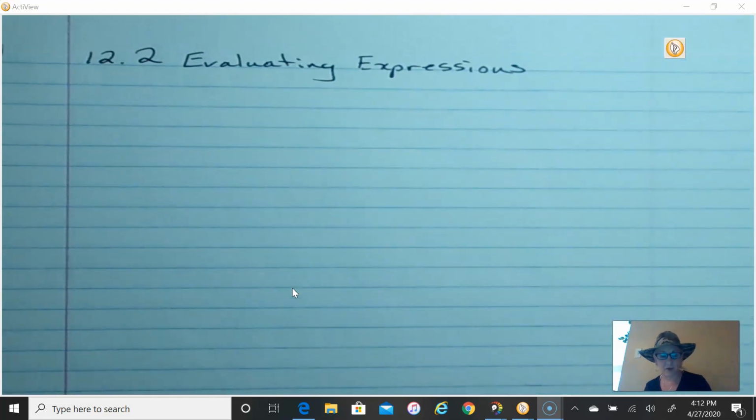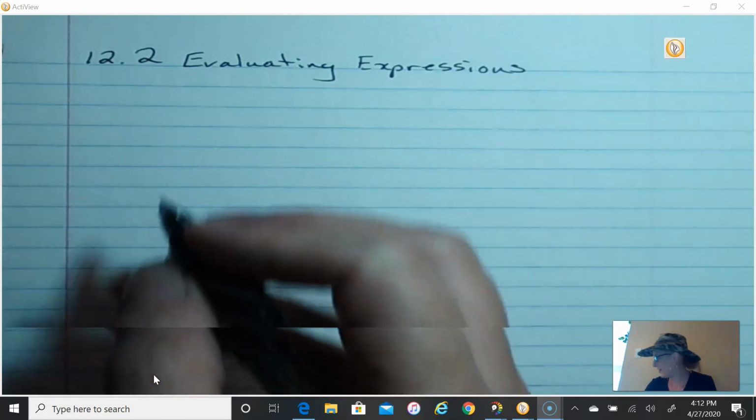There's not a lot of notes to this because it mainly involves the adding, subtracting, multiplying, dividing of the integers, positives and negatives and such. So if there's any mistakes or confusion, it's probably going to be in that area. All you're doing today is substituting. So let's get started.